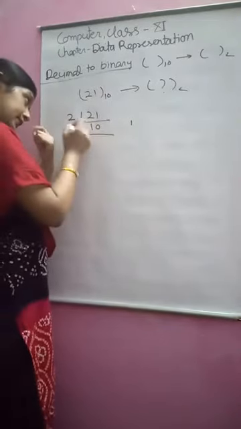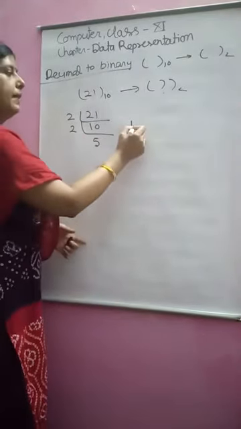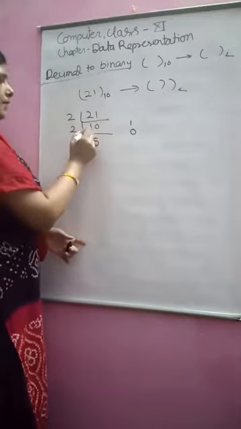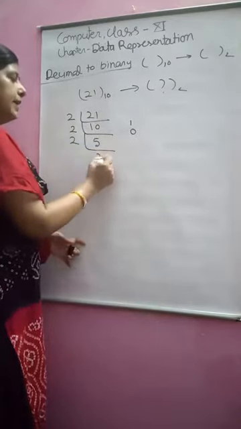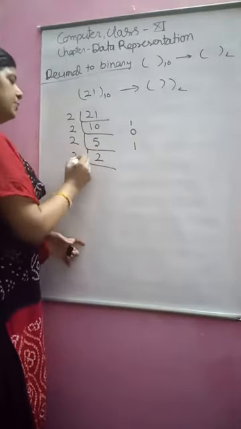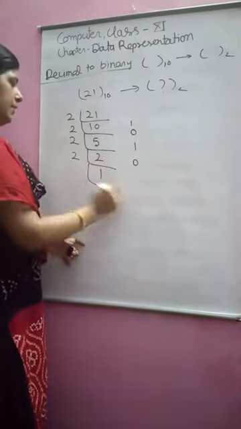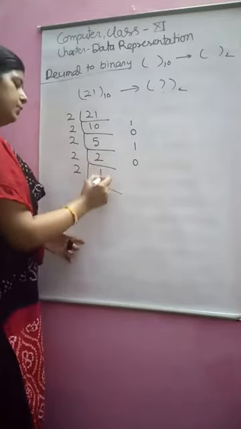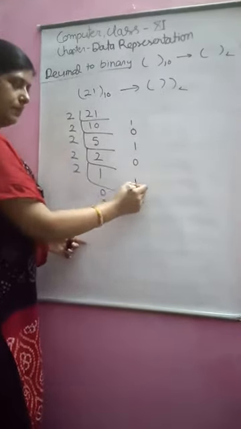Divide 10 by 2, it goes 5 times and the remainder is 0. Divide 5 by 2, it goes 2 times, remainder is 1. Divide 2 by 2, it goes 1 time, remainder is 0. Divide 1 by 2, it goes 0 times and the remainder is 1.